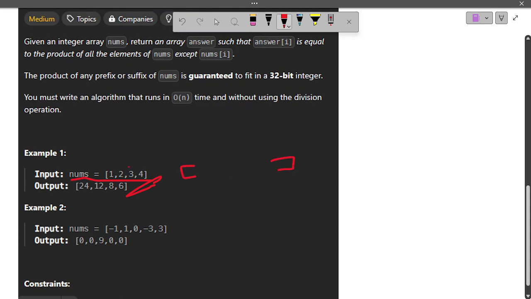Here it is 1, so you have to multiply all other elements like 2, 3, 4 except 1. So 3 times 2 is 6, 6 times 4 is 24. And when you reach 2, you have to multiply all other elements like 1, 3, 4. So it becomes 12.